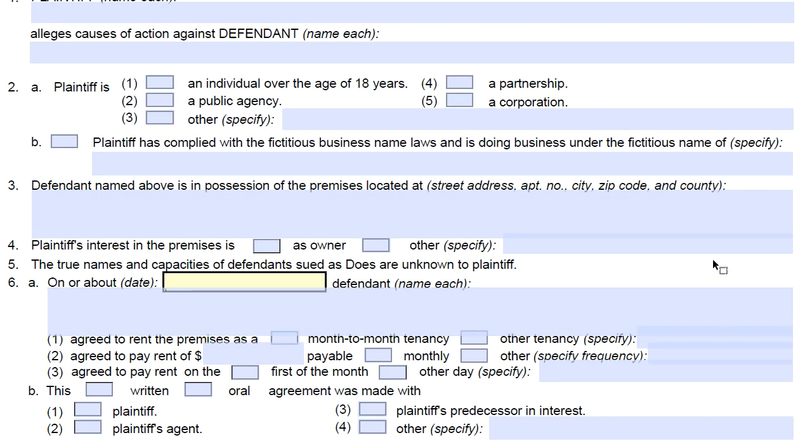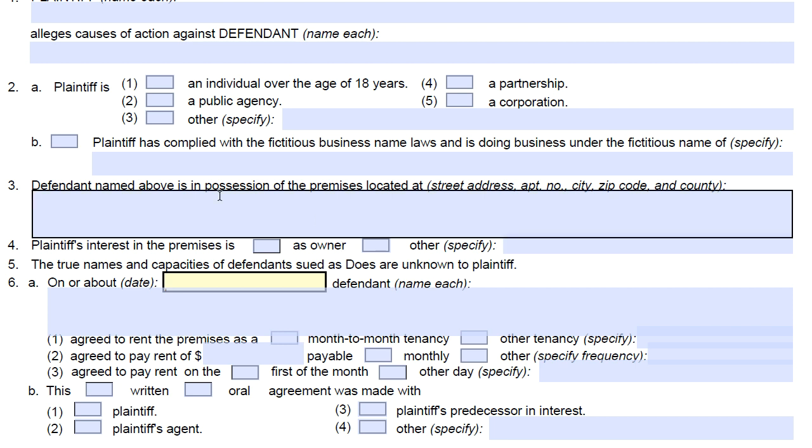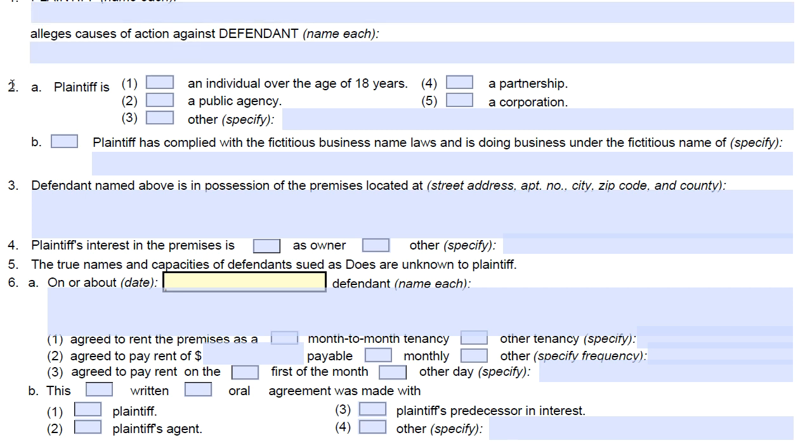So I'm going to give you a little bit of a for example. I've switched and I put up the actual blank complaint just to use for demonstration. If you'll notice, all of the paragraphs are numbered, and these are the numbers you will refer to when you're filling out your own answer as to whether you agree or disagree with it.